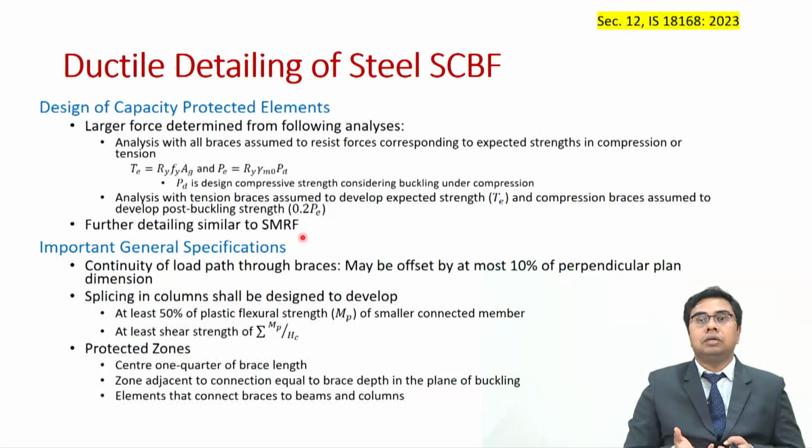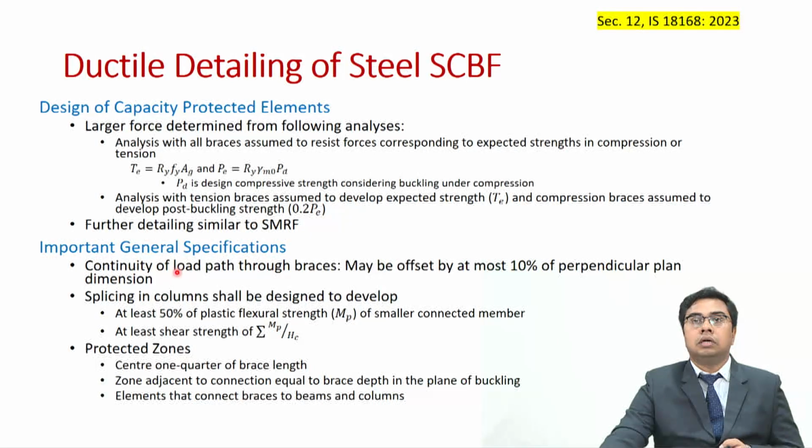Then something related to splicing in columns. These splicing should be able to develop at least 50% of the plastic flexural strength of the smaller connected member, and at least shear strength which is given as sum of MP upon SC.